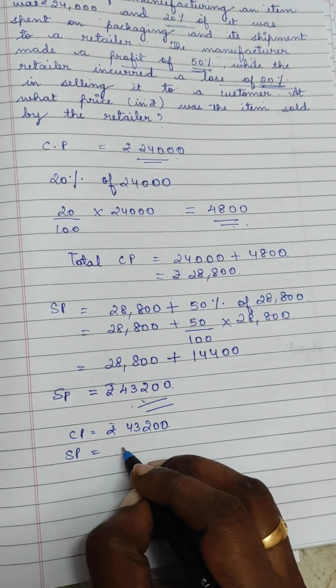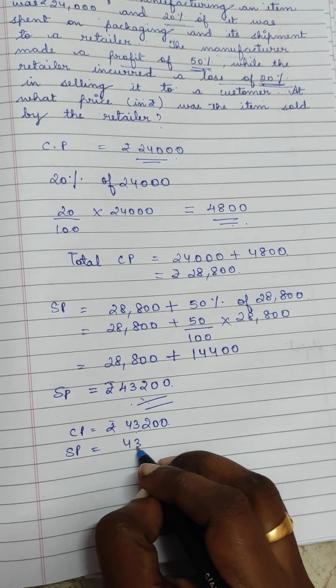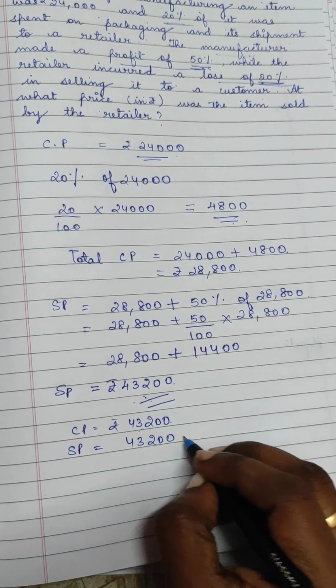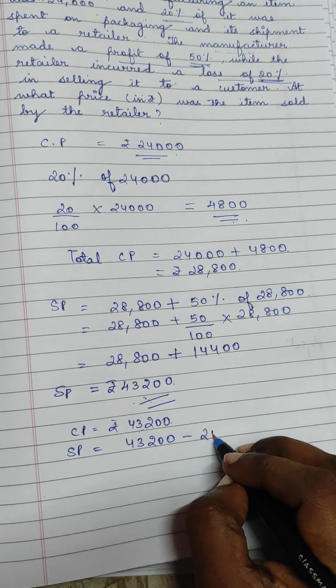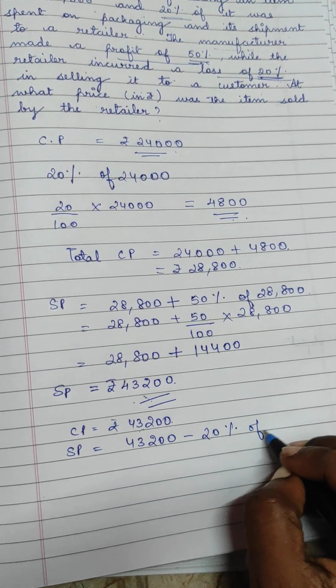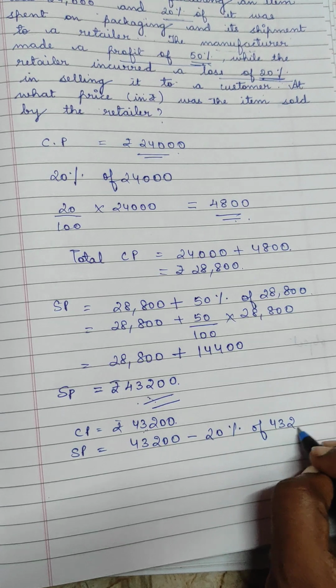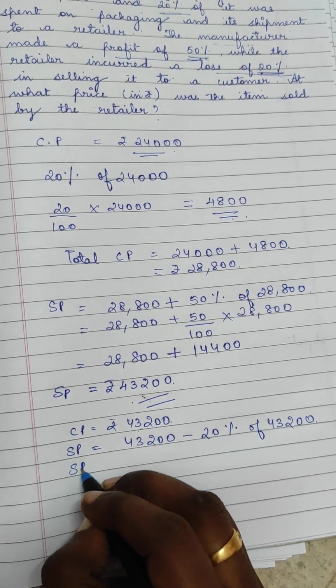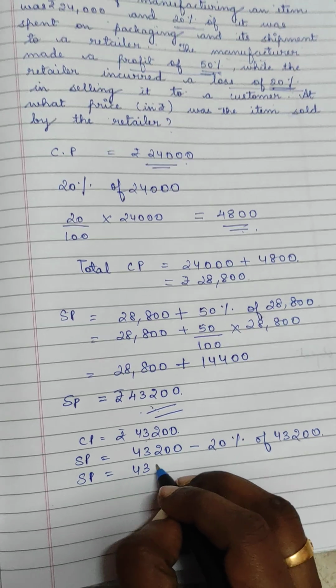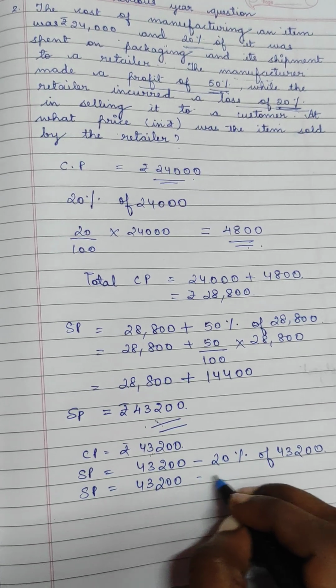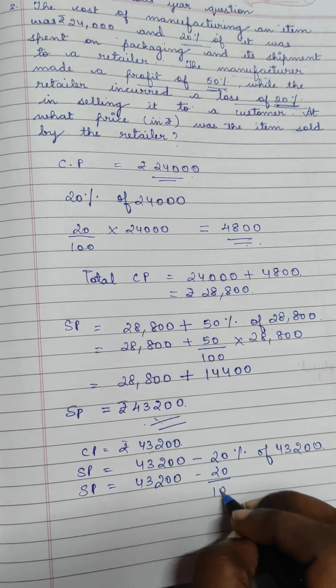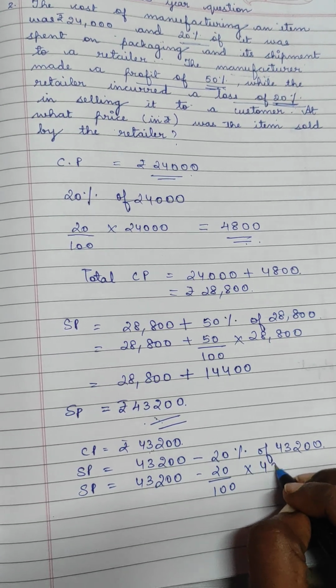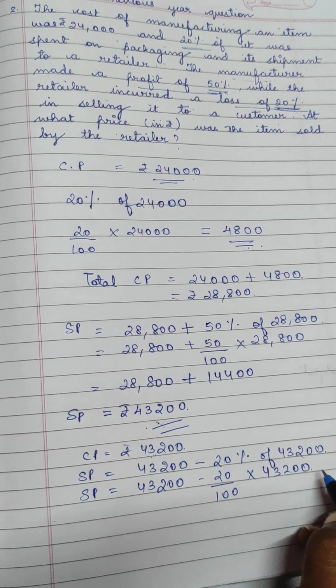So the loss here is 20% of this amount. So the selling price will be, as it is a loss, minus 20% of 43,200. So what is 20% of 43,200? 43,200 minus 20 by 100 into 43,200.